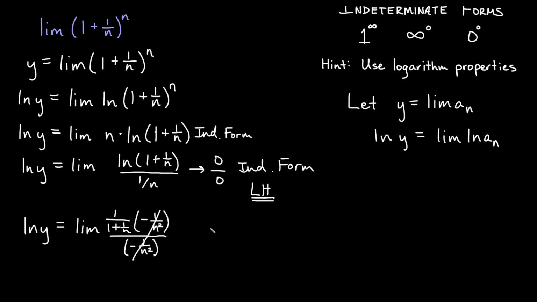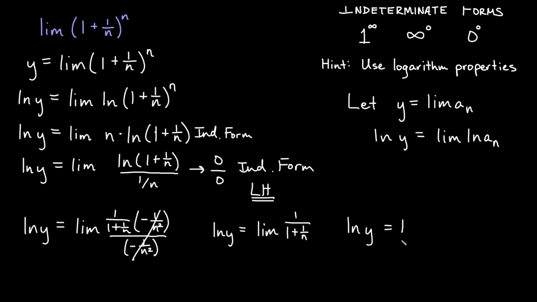And so that will tell us then that ln of y is equal to the limit of 1 over 1 plus 1 over n. And as n gets really large, this fraction is going to become 0. So we will get 1 over 1 plus 0, 1 over 1, which would be 1. So that tells us then that ln of y is equal to 1, which is not quite our limit yet, right?